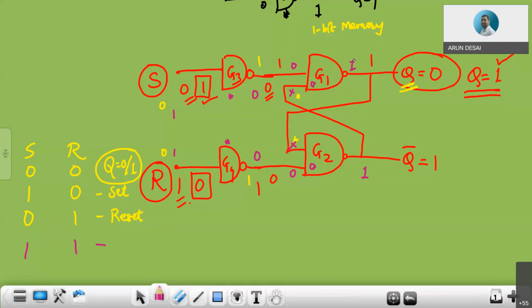Because we saw earlier that if this is Q, this becomes Q bar, so both outputs should be complementary. If this is 0, this should be 1. If this is 0, this should be 1. So both cannot be 1 at a time, right? So this case is forbidden.